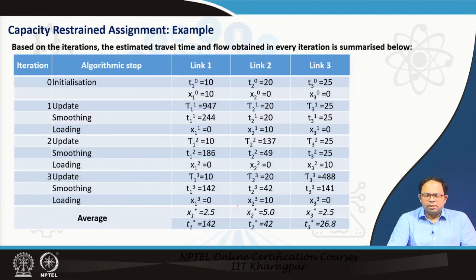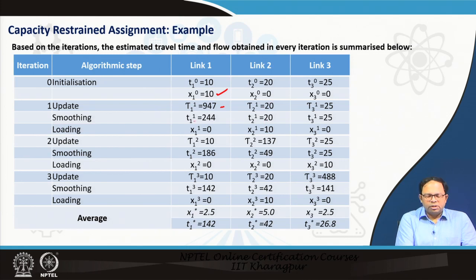Let's see the results. Over here we initialize. T1 is 10, T2 is 20, T3 is 25, and the entire volume is assigned to link 1. We update, T1 becomes 947, T2 remains 20, T3 is 25. That means link 2 is now the lowest one, so we assign to it.